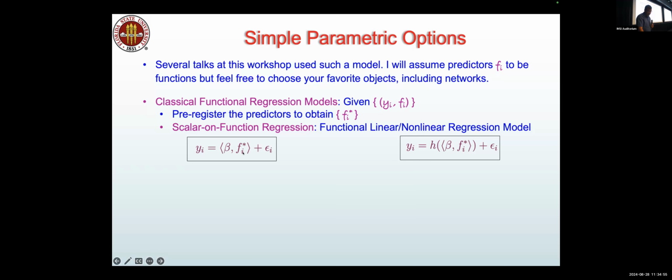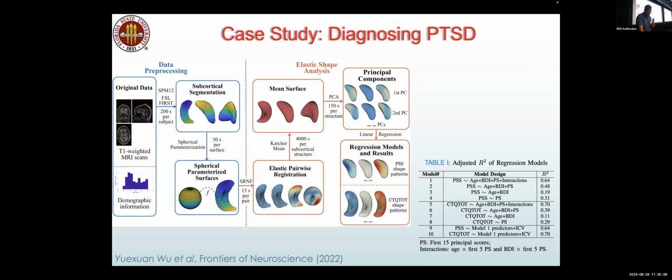Here is a simple functional linear regression, or you can even put a nonlinear index function H on it. That's what we do currently. In fact, that's what we did in the previous work. We used anatomical shapes, subcortical structures, to diagnose certain diseases and to write regression models. We pre-registered everything. So problem solved.